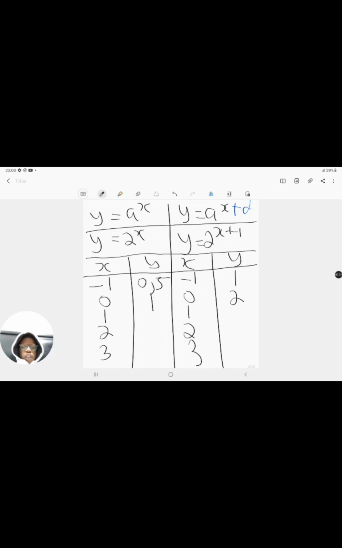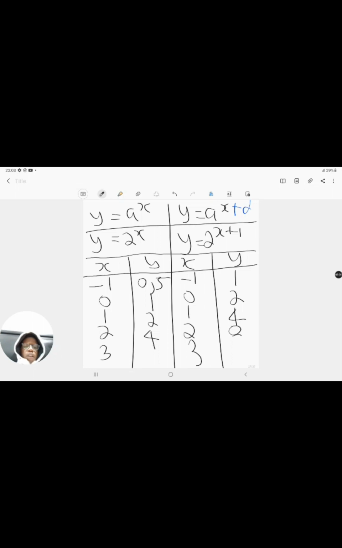For x equal to 1, I have 2 to the power of 1, which is 2. Then here, 2 to the power of 1 plus 1 is 2 to the power of 2, which is 2 times 2, which is 4. Then for x equal to 2, I have 2 to the power of 2, which is 4, and 2 to the power of 2 plus 1 is 2 to the power of 3, which is 8.